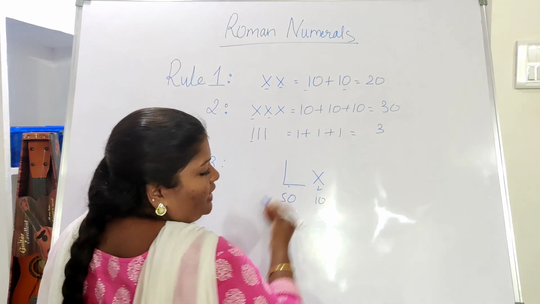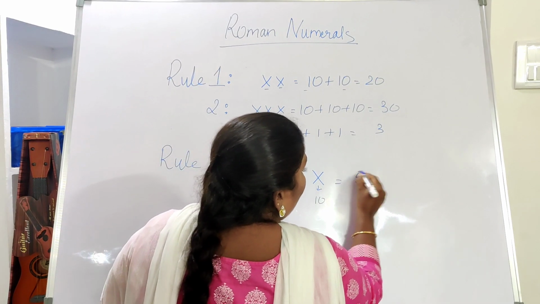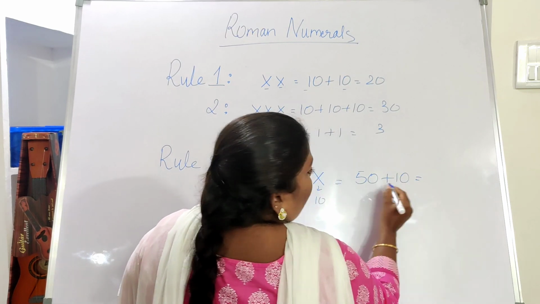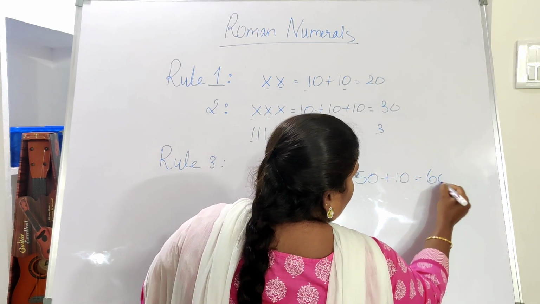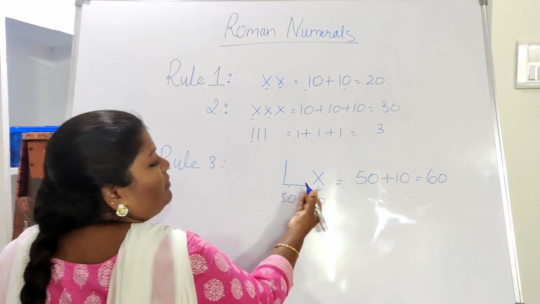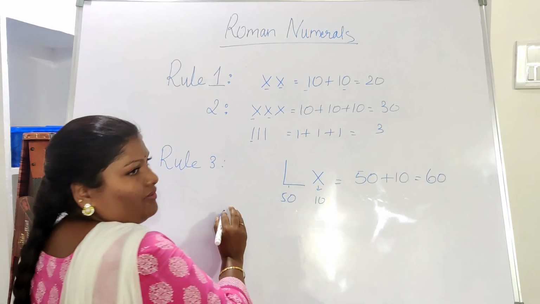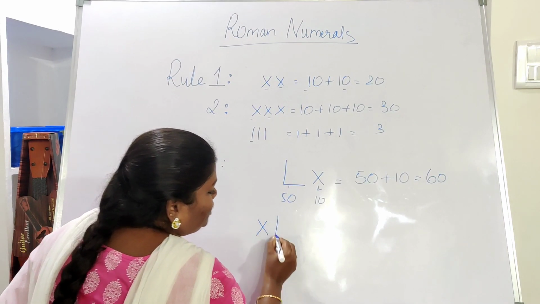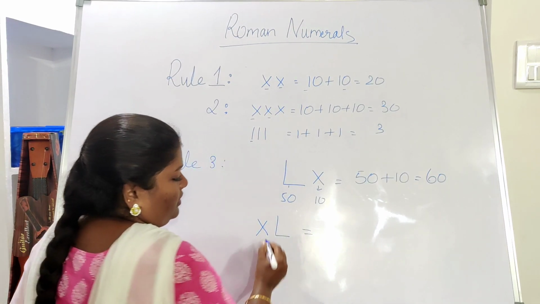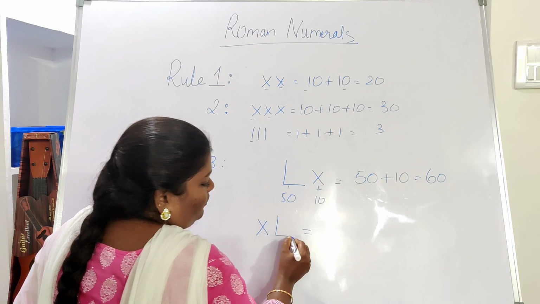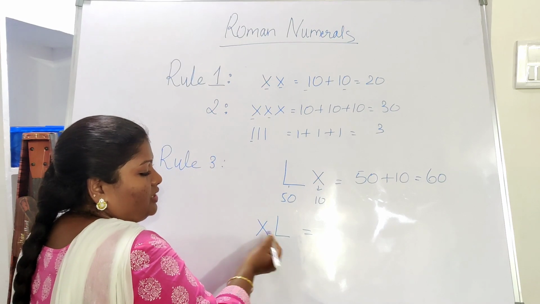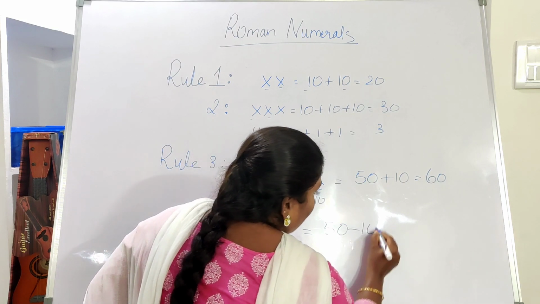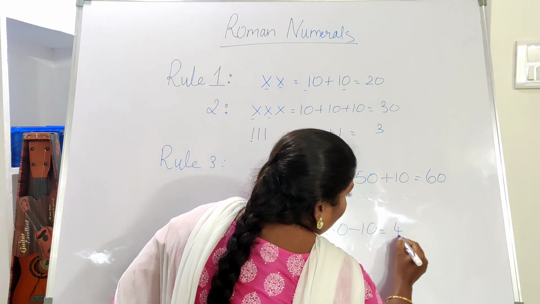When you write to the right side, it means you have to add its value: 50 plus 10, that is 60. If the same 10 is written to the left side, it should be subtracted. That is, 50 and the smaller number is written to the left side. So 50 minus 10, that is 40.